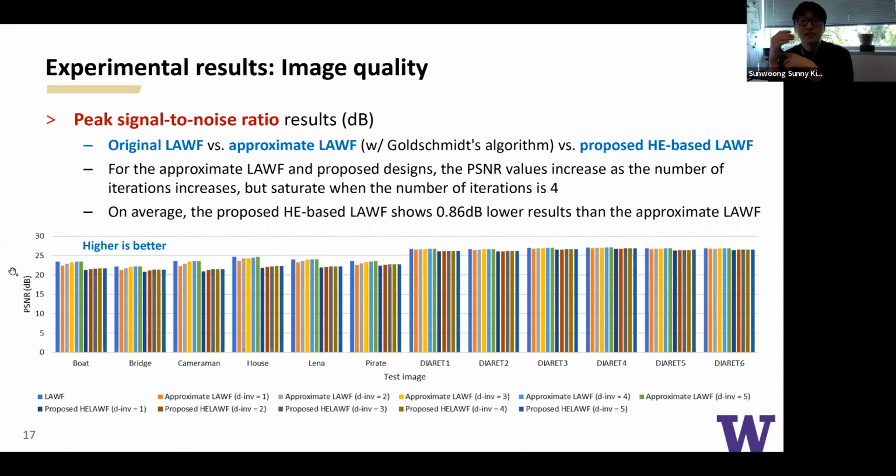And the proposed design shows slightly lower PSNR results, 0.86 decibel, dB on average. And this difference is generated by the homomorphic encryption scheme itself. In our application, plain text messages are real numbers. So as not to increase the ciphertext size, the homomorphic encryption scheme generates some errors, like in floating point operation.